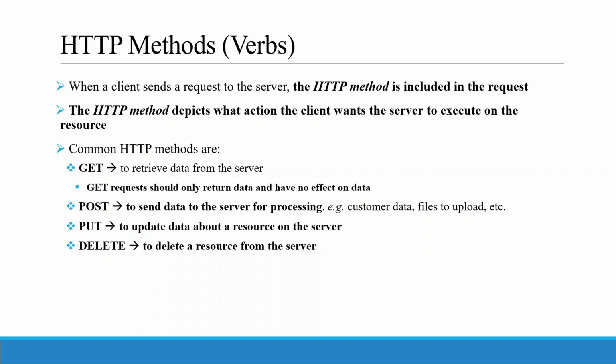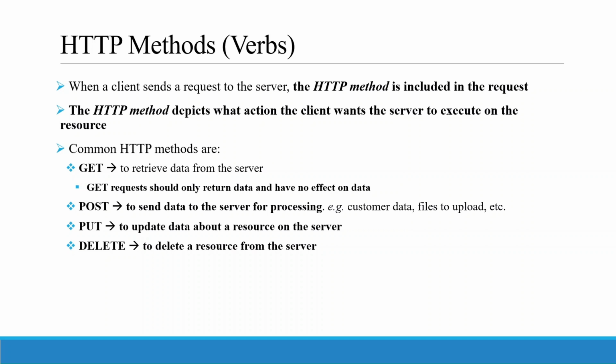For instance, when we want to create a new product, we send some data about the product that we want to create. Or when we want to upload a file to the server. Basically, we are creating new resources. So we are using this POST method to tell the server that we want to create new resources on the server.